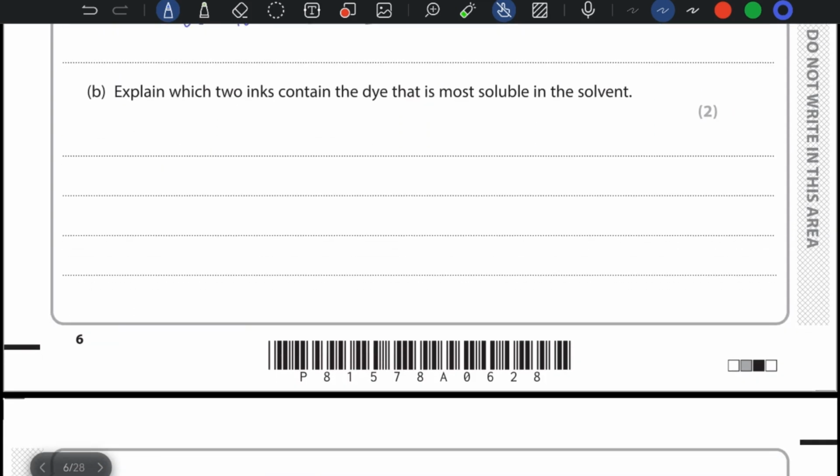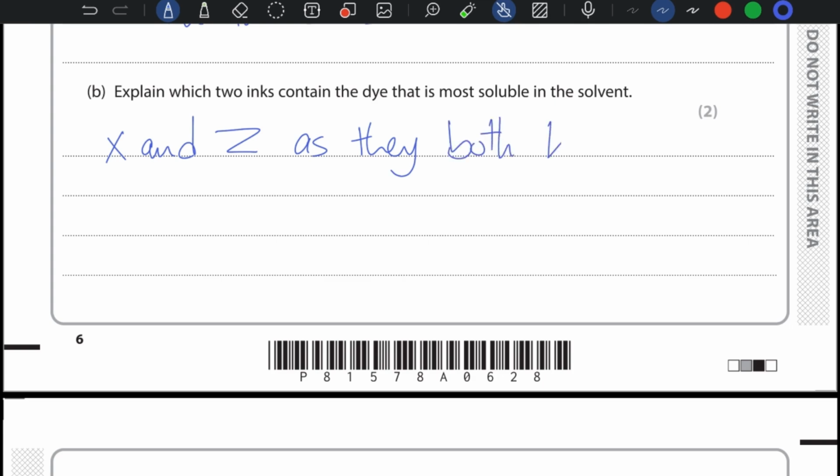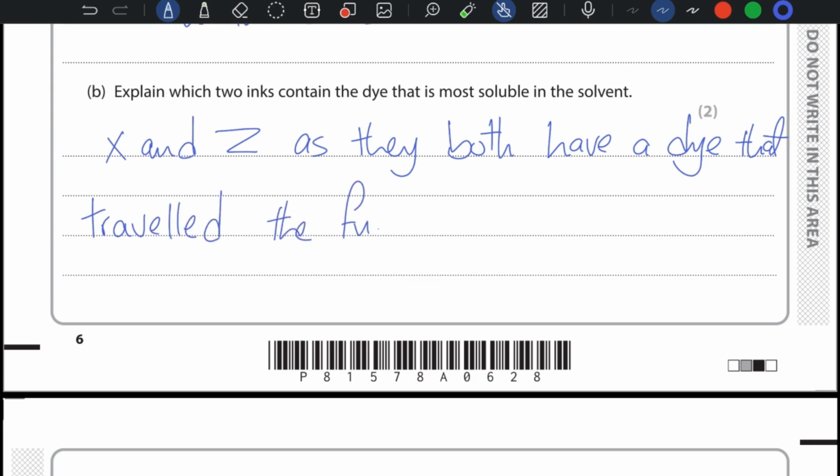So the correct answer, remember also it's a 2 mark question, X and Z, as they both have a dye that traveled the farthest up the paper.